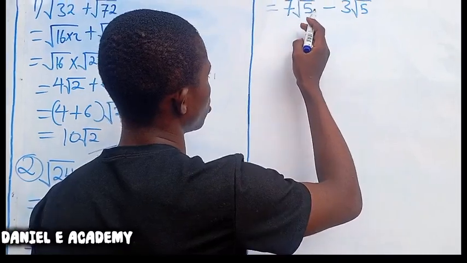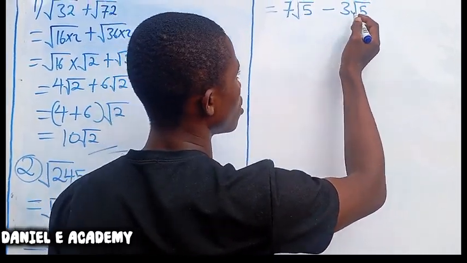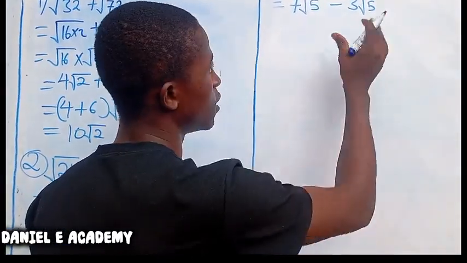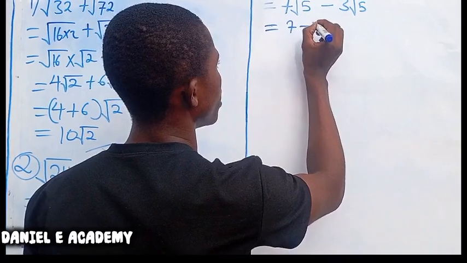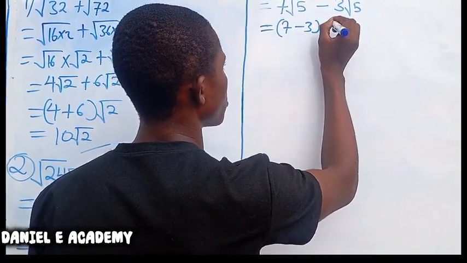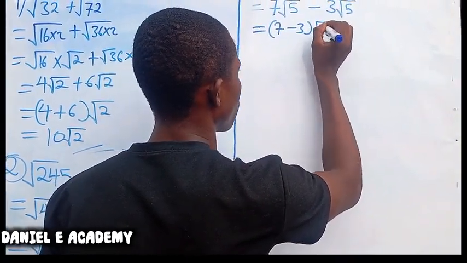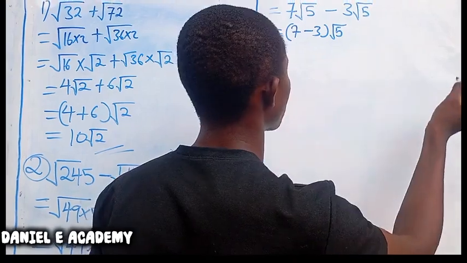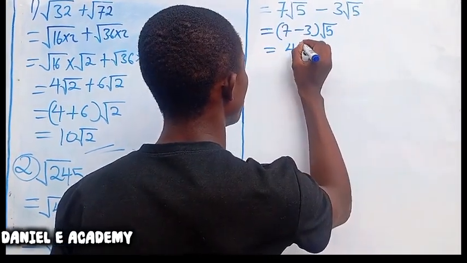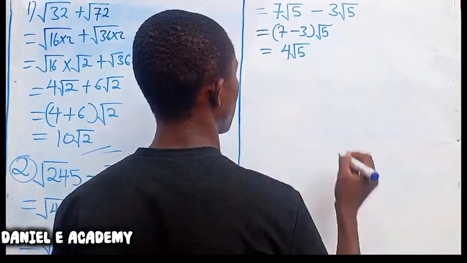So 7 multiplied by root of 5 minus 3 multiplied by root of 5. Root 5 is common, so it will be 7 minus 3 all in brackets multiplied by root of 5. 7 minus 3 will give you 4 root 5.